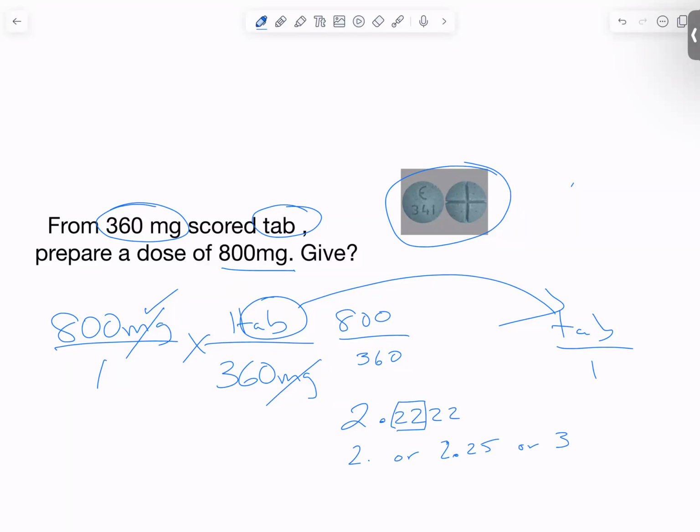So what are you going to give this patient? 2.25. Yes, you're going to bring that patient in a nice fancy medicine cup 2 whole tablets and then a quarter of a tablet, because you can break it off into a quarter. Make sense now? Just needed a little refresher.